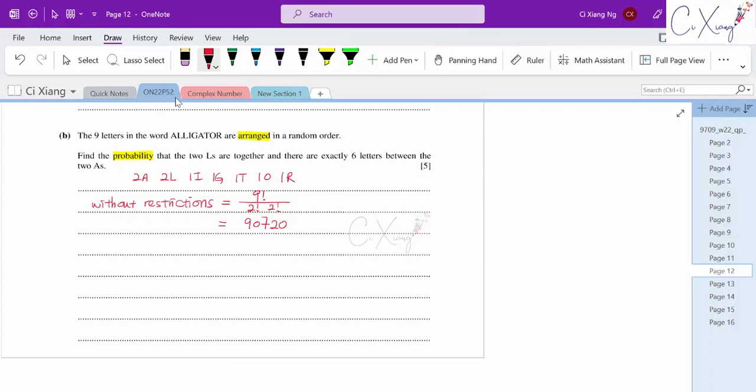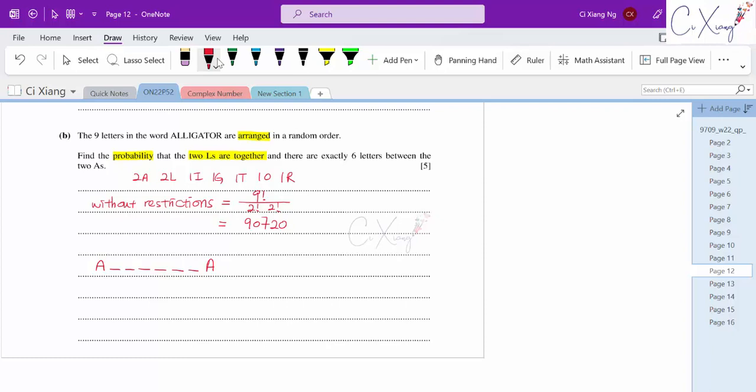After that, we want to calculate the number of ways that fulfill the restrictions. They said the two L's are together, which is one restriction, and there are exactly 6 letters between the two A. If I want 6 letters between the two A, I need to write it out. So this is the A, then there must be 6 letters between: 1, 2, 3, 4, 5, 6, and then the next A appears here.